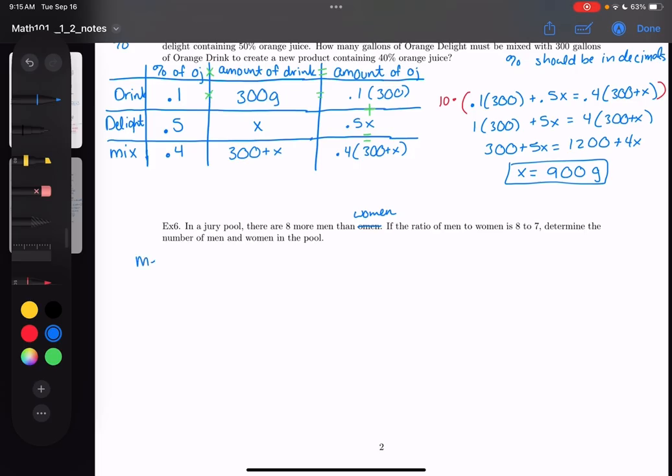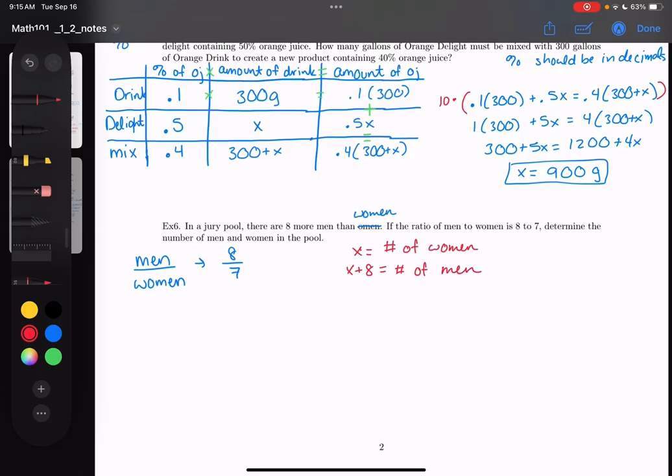Also, I can say a variable: if X is the number of women, then X plus 8 is the number of men.